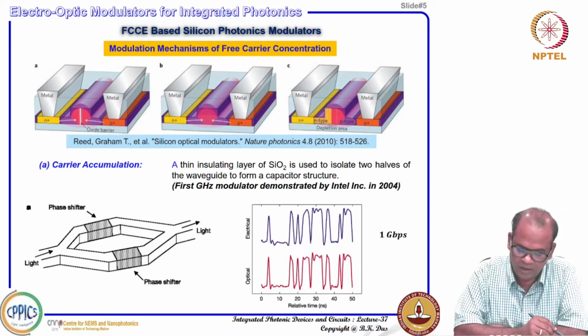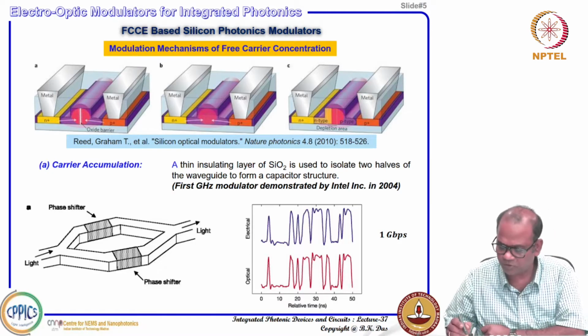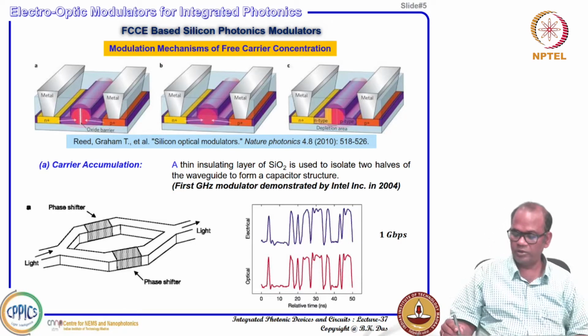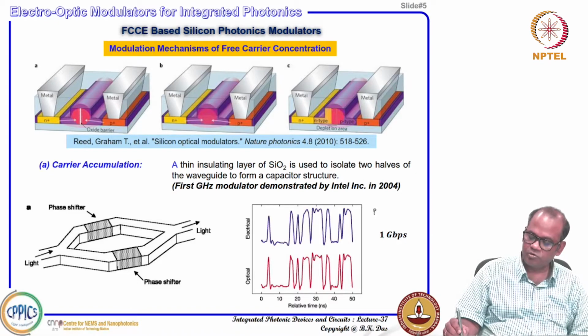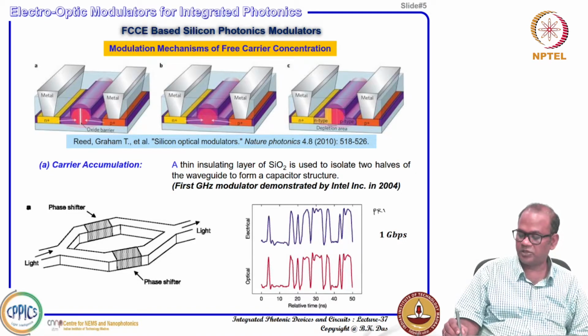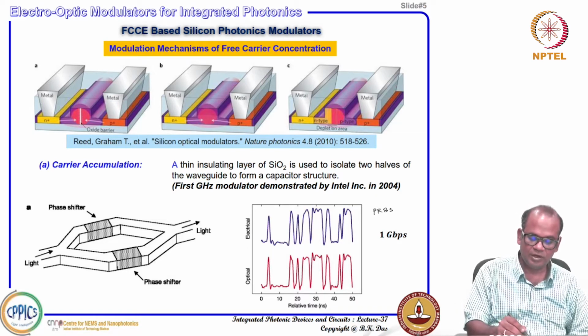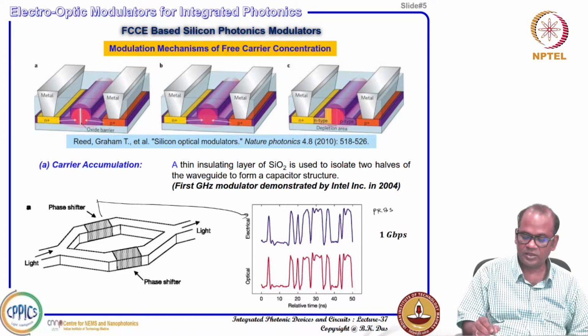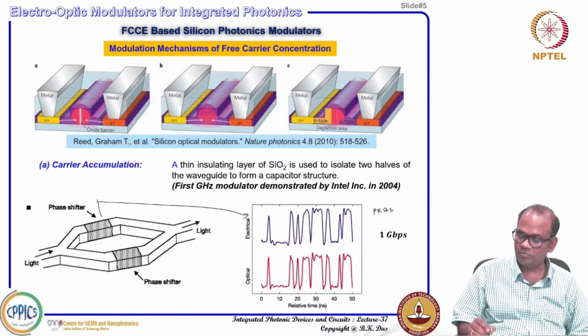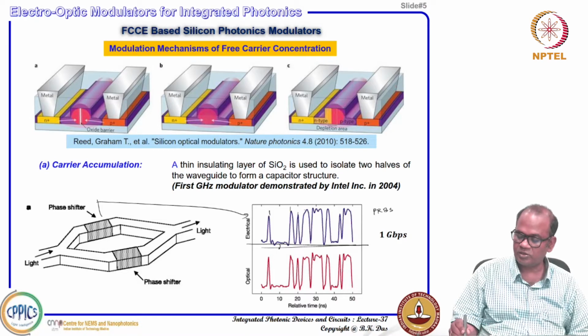Next, they have used a PRBS, a pseudo random bit stream, to see how your phase shifter responds to the electrical signal. This may be 1, then 0, 1, 1, 1, then 0, 1, and so on, as a function of time.